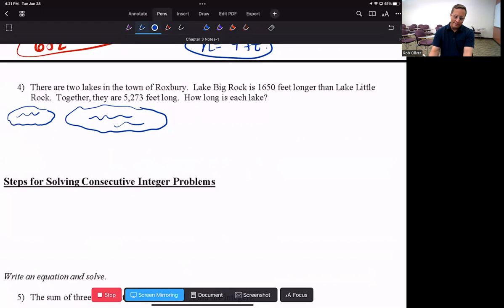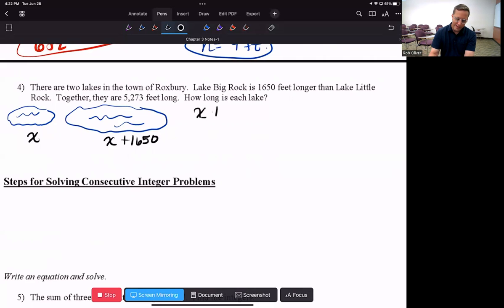And so let's say for the smaller lake, we just make that x. And this one's going to represent x plus 1,650. Because we know that Lake Big Rock is bigger, so it's going to be whatever the smaller lake is plus 1,650.